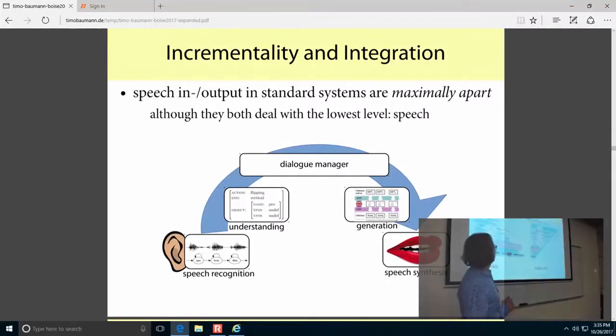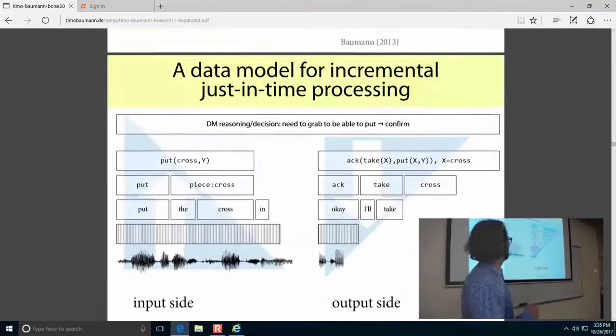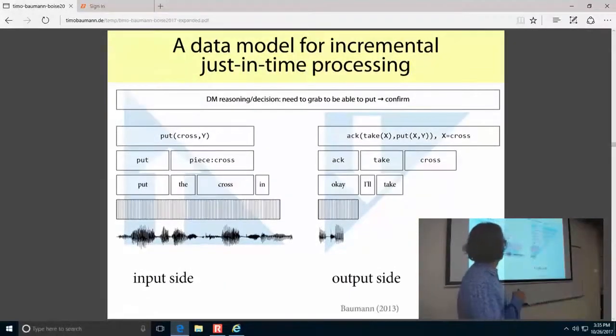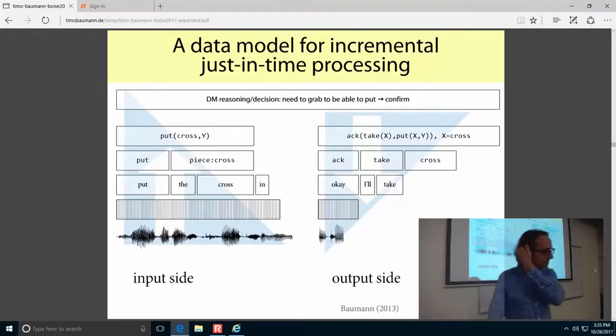Because if you look back at this example, I might have said "the cross", but I could also be saying "the plus sign" or something, which looks reasonably close to a cross. Then it might be wise to not verbalize this as "cross", although the semantic meaning is the same, but to verbalize it as "the plus sign", because that's what the user just said. It's about keeping these similar layers together.